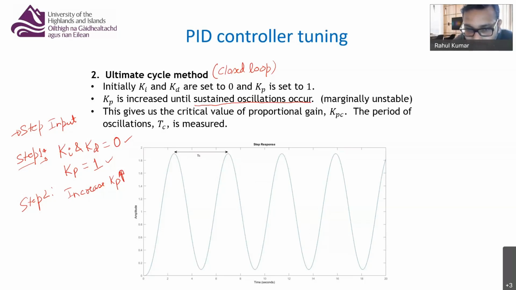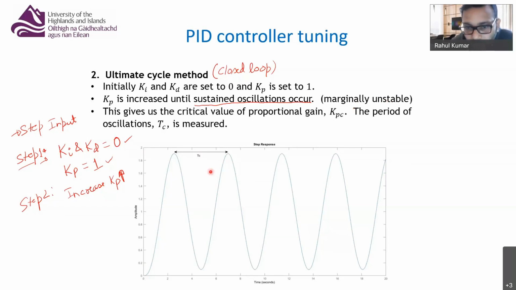The response of your system is oscillating between, let's say, 0.1 and 1.9. Your output is changing continuously. It is neither reducing nor increasing. That means your system is now marginally unstable or marginally stable. Either way you can say marginally stable or marginally unstable.